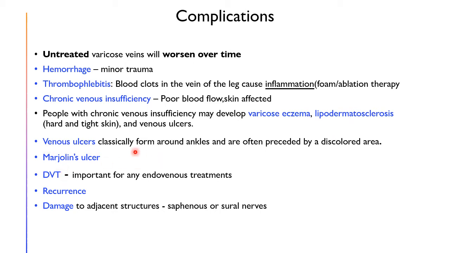People with chronic venous insufficiency may develop varicose eczema and lipodermosclerosis, which is a hardening and tightening of the skin over the lower leg. Then the other main complication is venous ulcers. They classically form around the ankles and are often preceded by a period of discoloration of the area.